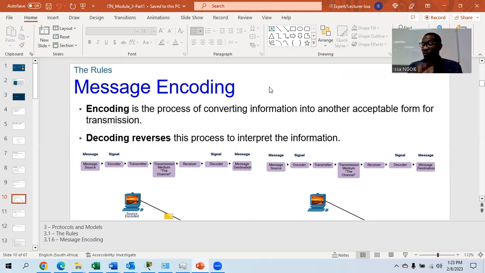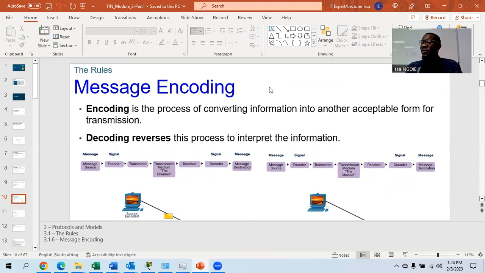Encoding means when you write something, that protocol will convert it in a way that's going to be very easy to be sent maybe via cable or via wireless. So when you are sending your message, there is a protocol. That software will encode your message to make it very easy to be sent via wireless or via cable, right?